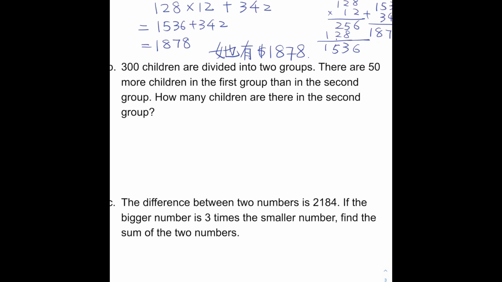300 children are divided into two groups. There are 50 children more in the first group than in the second group. How many children are there in the second group? So we have 300 into two groups.